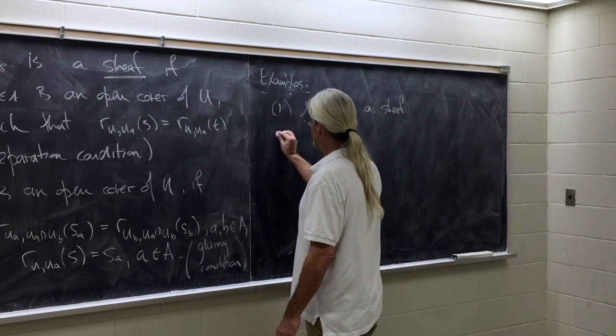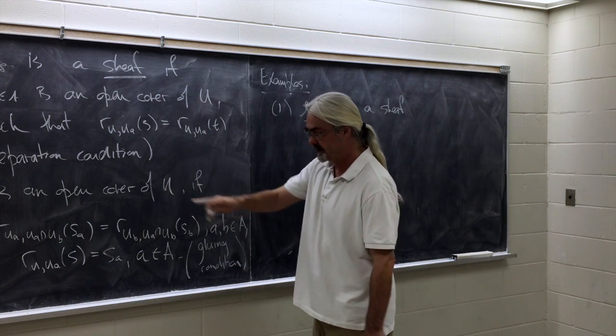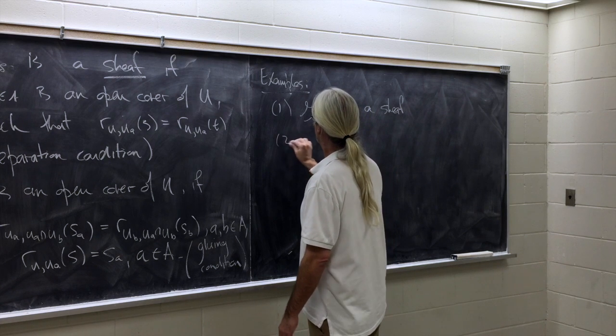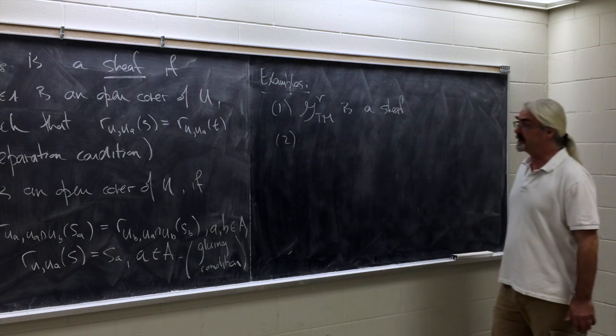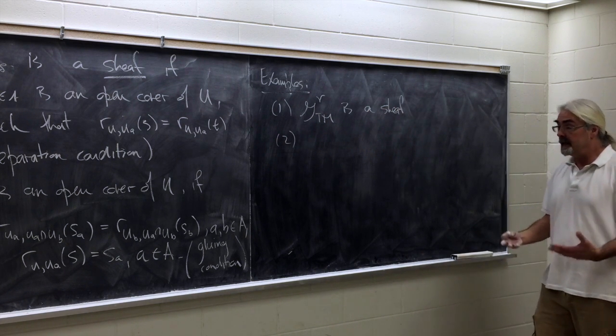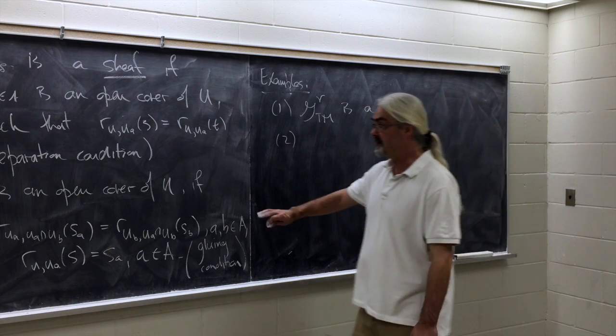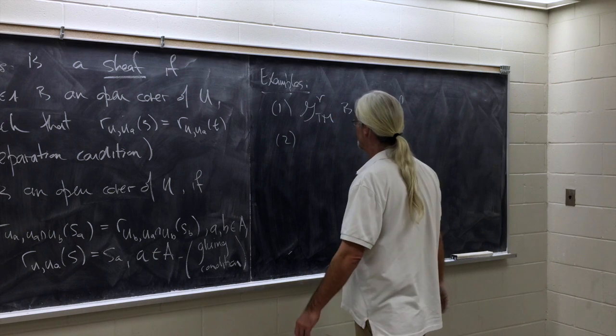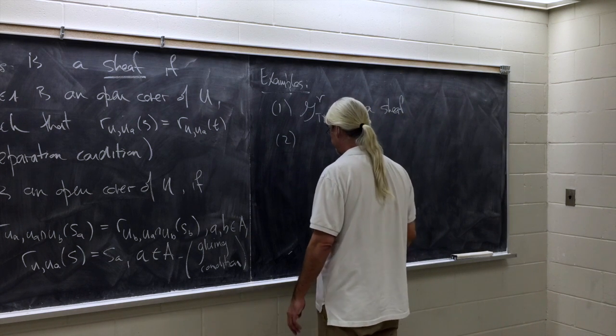It's not difficult at all. What you have to do is construct that section S, and it's obvious how you do that. So let's look at something that's not a sheaf to give us some intuition about how this works. It's going to be something that satisfies this condition, but fails this condition.